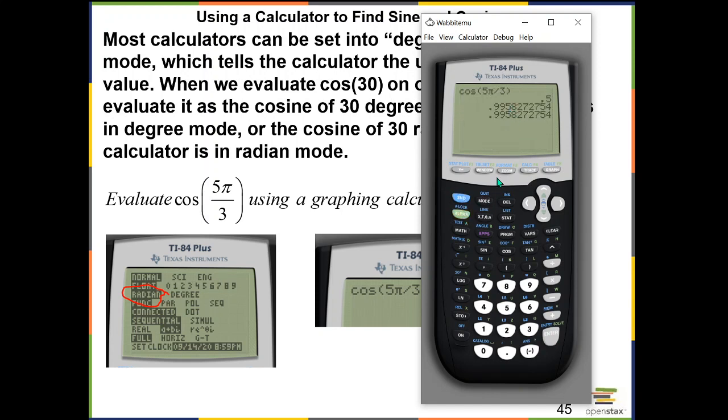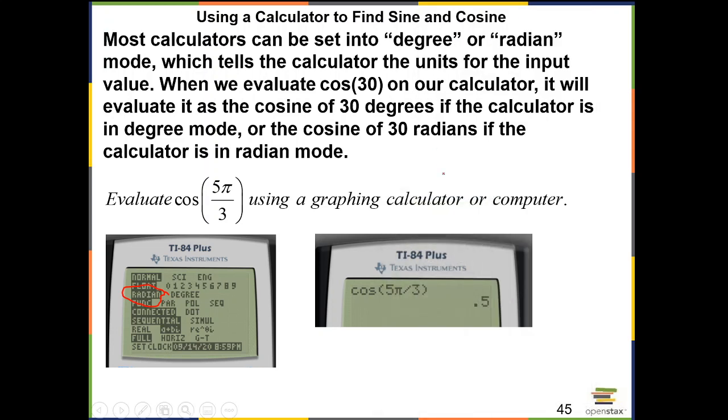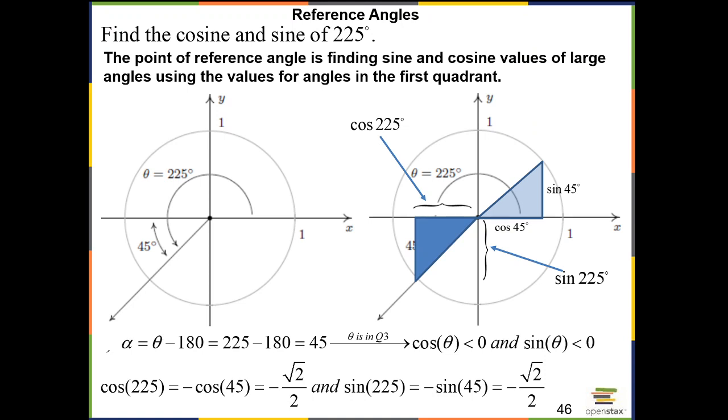It's different, see? Why? Because the calculator now thinks that 5 pi over 3 is actually 5 times pi divided by 3, which is 5.23 degrees. So that number is cosine of 5.23 degrees. That's what the calculator is finding. So it's important with the calculator to know whether you're doing radian or degrees.